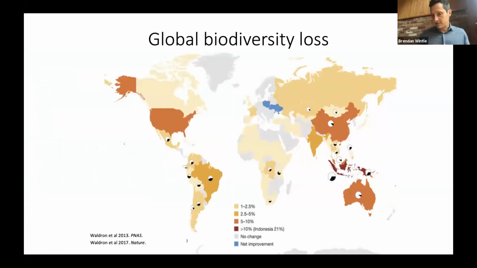Our loss is not a secret, of course. This paper by Anthony Waldron and colleagues in Nature in 2017 highlights the global biodiversity loss hotspots across the planet. In short, Australia ranks as the second highest villain in the global biodiversity loss game.